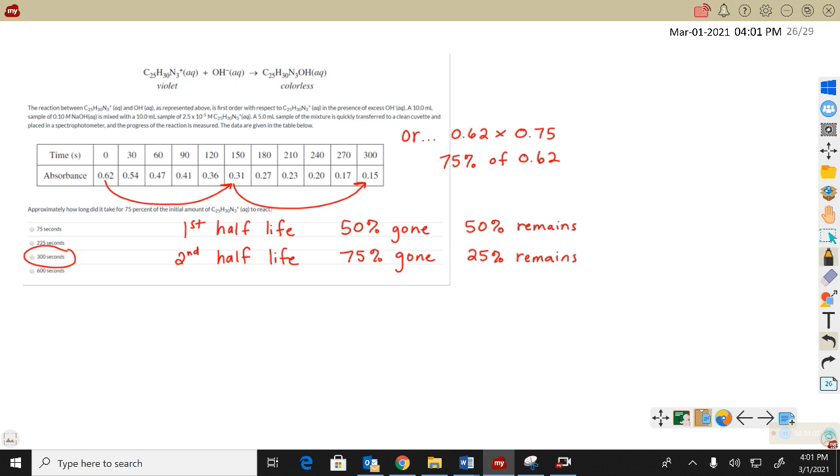So after a total of 300 seconds, that would be 2 half-lives. 75% of the initial violet ion has reacted and 25% remains. So you can kind of go at this one from either angle. You could just look at the percent of the initial amount, or you could go at it from half-lives. This would take 2 half-lives.